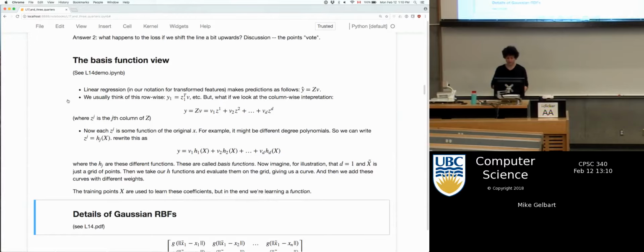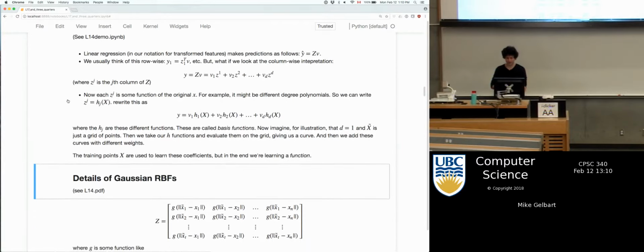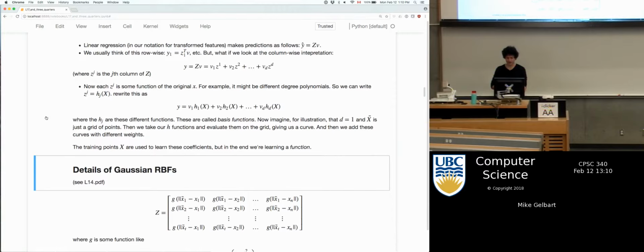Okay, right, but where does that first column come from, like Z1 or Z2? Well, remember when we transformed our features, we made up these new features. So the first column of Z was our made-up feature number 1, and the second column of Z was our made-up feature number 2. For example, linear term, quadratic term, cubic term, etc. So we could write this, instead of the first column of Z, as our first function of x, right?